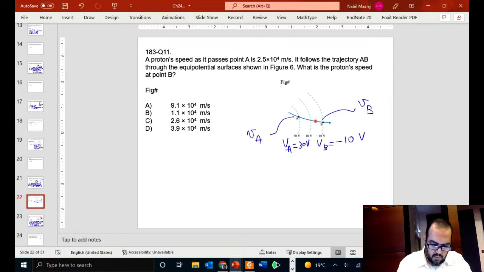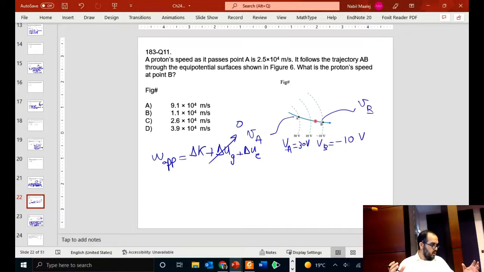We can use the conservation of energy equation. Remember, conservation of energy says the work done by an applied external force is equal to delta K plus delta U due to gravity plus delta U due to the electric field. Because the mass of the proton is so small, the gravitational force is negligible, so usually we ignore it.